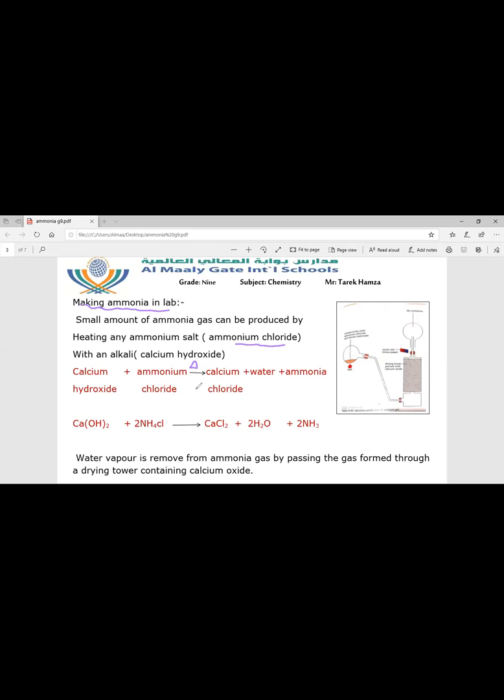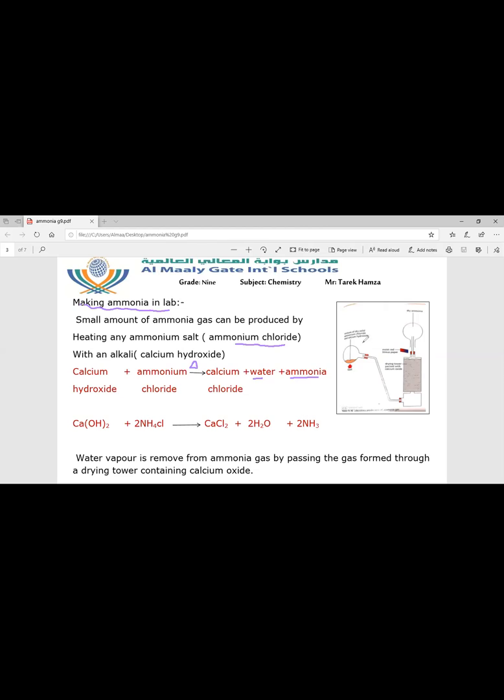The reaction produces calcium chloride plus water plus ammonia. Again, calcium hydroxide, an alkali, with ammonium chloride, a salt of ammonia, produces calcium chloride plus water and ammonia, making ammonia in the lab. A very simple experiment.